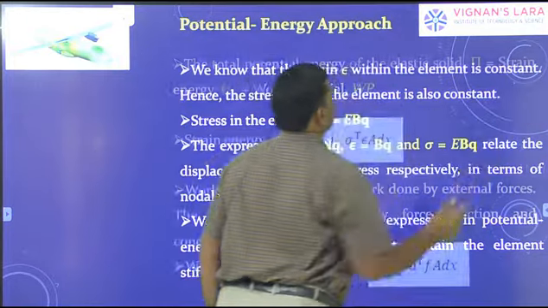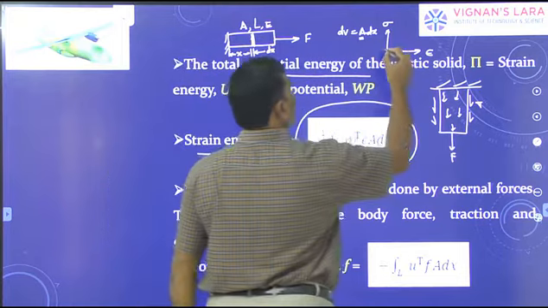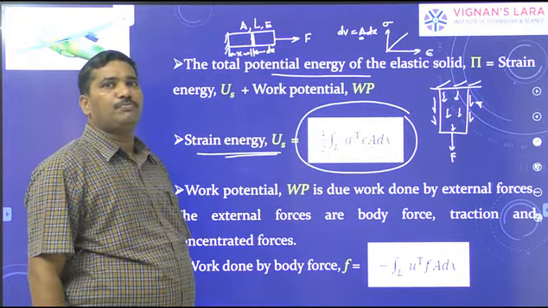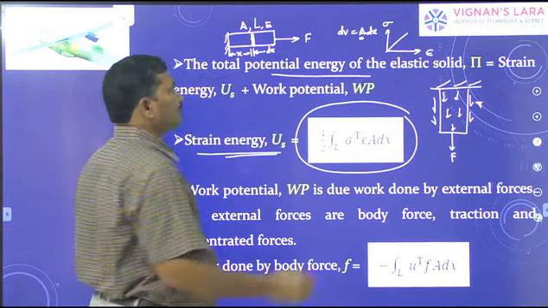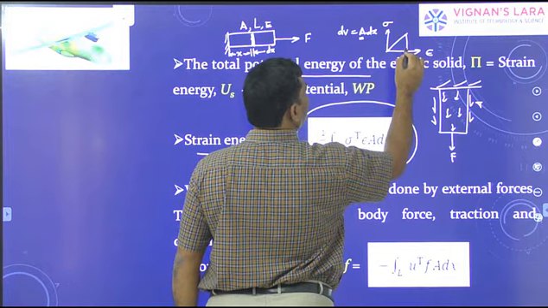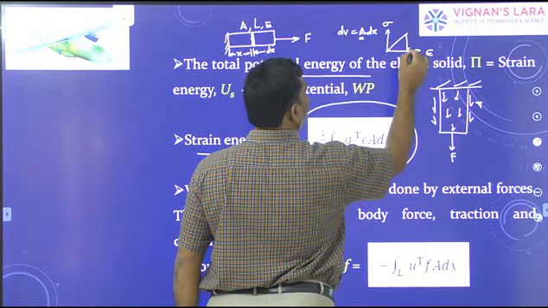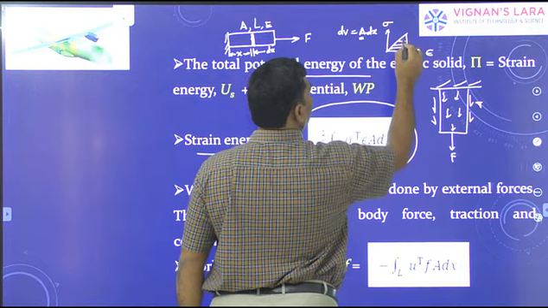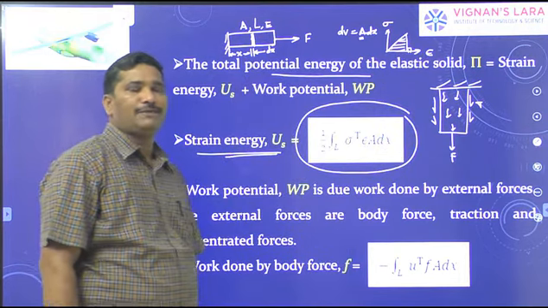Hence, you get a straight line like this, up to the proportional limit. Now, when I draw a line vertically like this, this is a right angle. Therefore, this triangle is a right angle triangle.